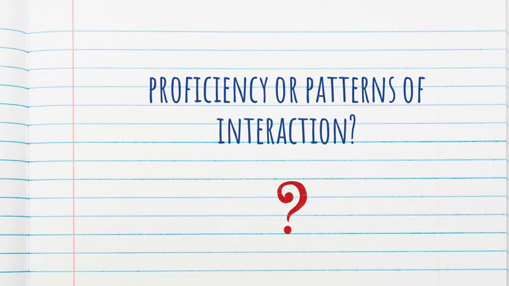And so this study is trying to shed light on what factors we should take into account more when forming pairs. Is it the proficiency or is it the interactional patterns?